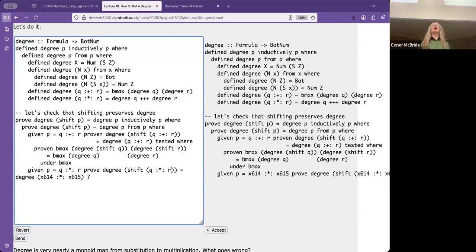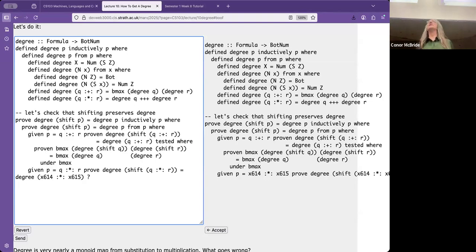Under is a way of explaining that an equation that has the same function on both sides is true because you get the same outputs when you supply the same inputs. So what I'm saying is, you see, I've got B max on the left, I've got B max on the right.